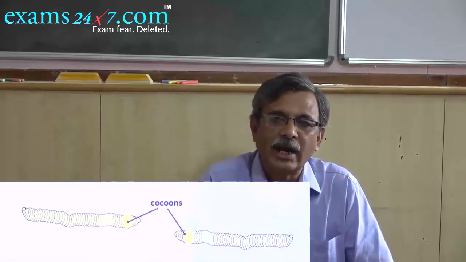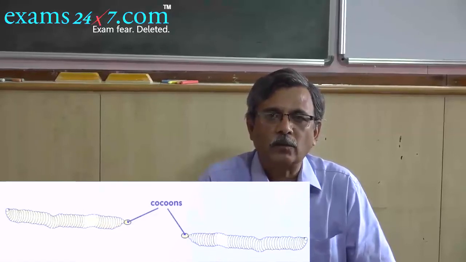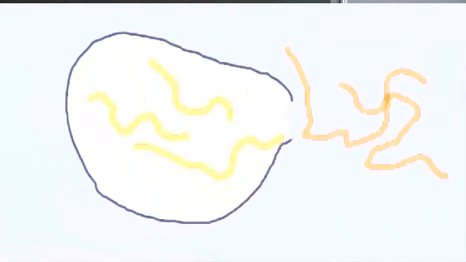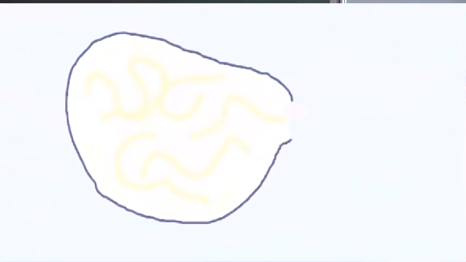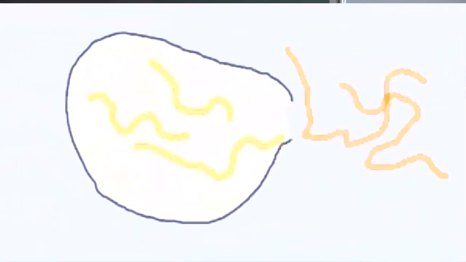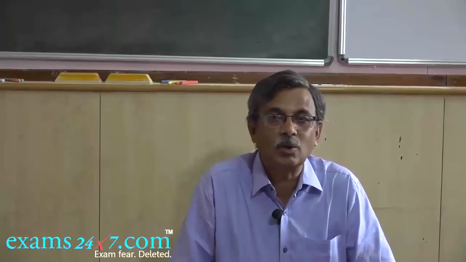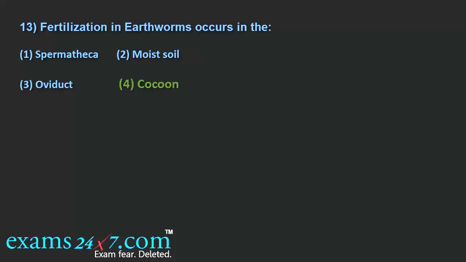As the egg is carried through the spermatheca region, spermatophores are released and fertilization occurs in the cocoon, and then the cocoon is dropped into the soil. Normally it carries 2 to 20 embryos that develop into earthworms. So 2 to 20 babies. Now we look into the options: spermatheca, no; moist soil, no; oviduct, no; cocoon, yes.